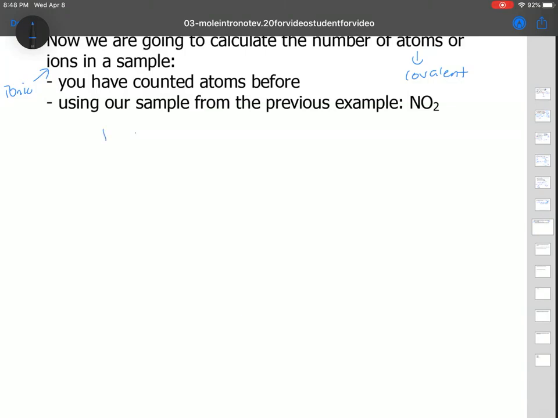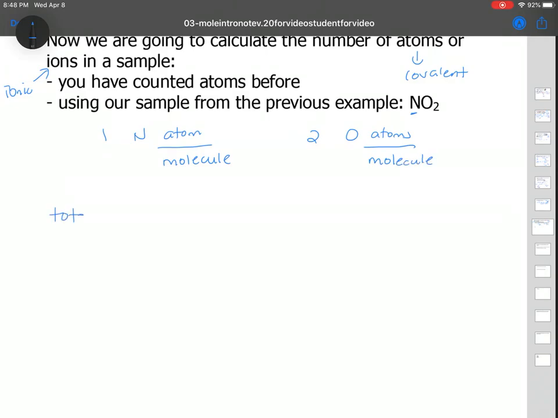So we have 1 nitrogen atom per molecule. Based on that, we have 2 oxygen atoms per molecule.